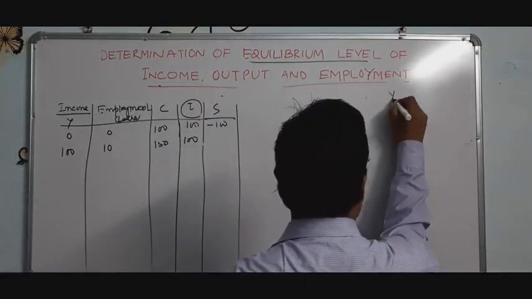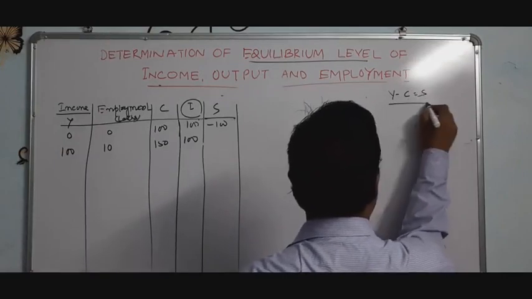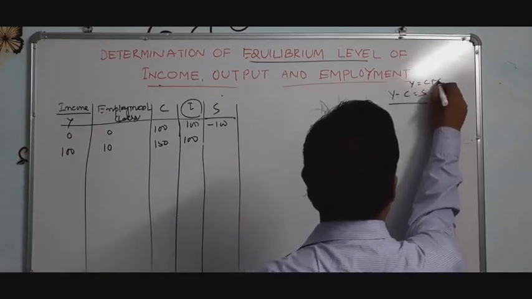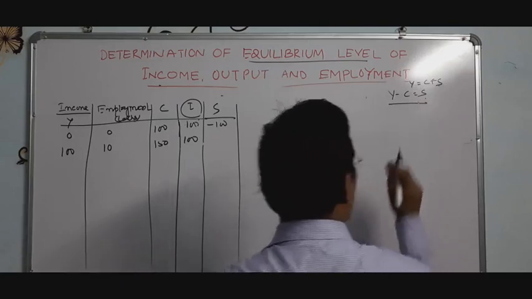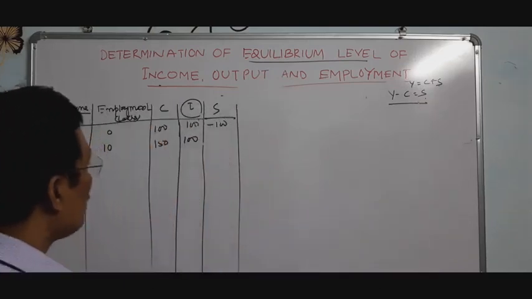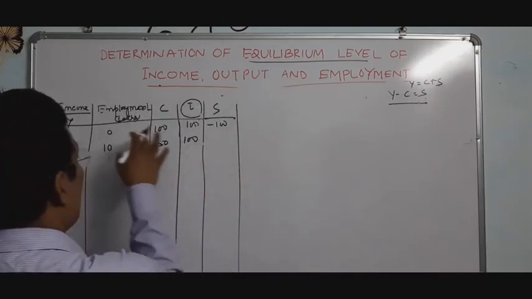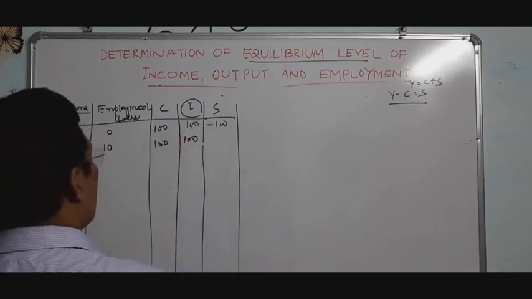So Y minus C equals S. Therefore 0 minus 100 equals minus 100.